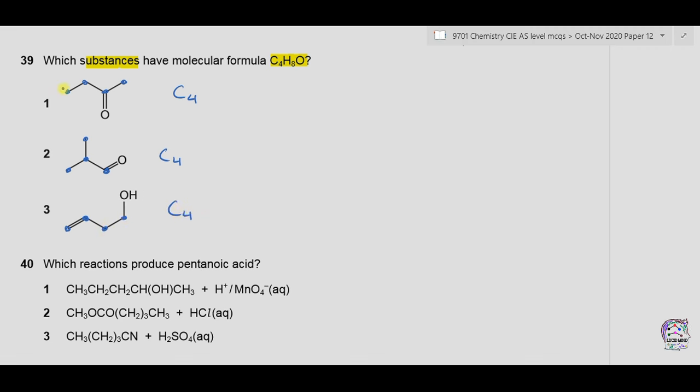Now finding the number of hydrogens, there are 3 hydrogens attached with the corner carbon, 2 with this one, and 3 with the corner carbon. So in total we have 8 hydrogen atoms and 1 oxygen is also present.